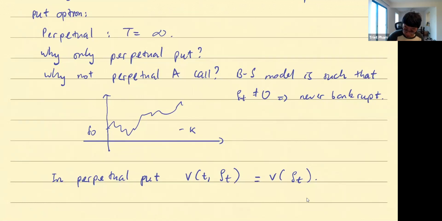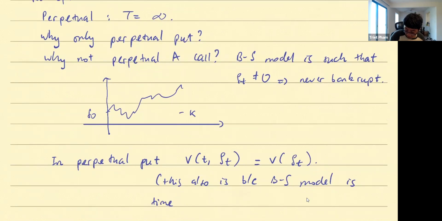I would say just one more thing: this is also because the Black-Scholes model is time homogeneous, but we won't worry about that for now. Meaning the stock price behaves the same no matter where you are in terms of time.